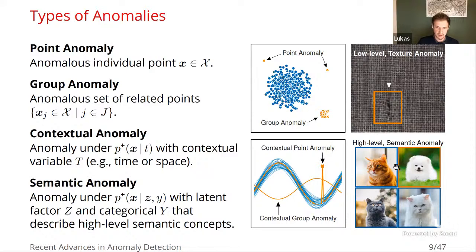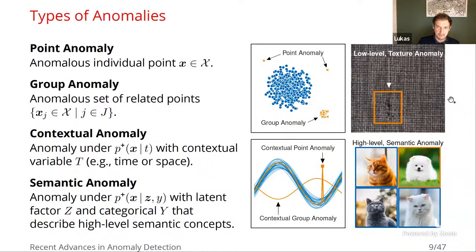So for instance, here in the bottom right corner, the dog that is anomalous among the distribution of cat images. And this is only in a semantic feature space. But if we compare these images in raw pixel space, this white dog and white cat would be more similar than the cats among themselves.